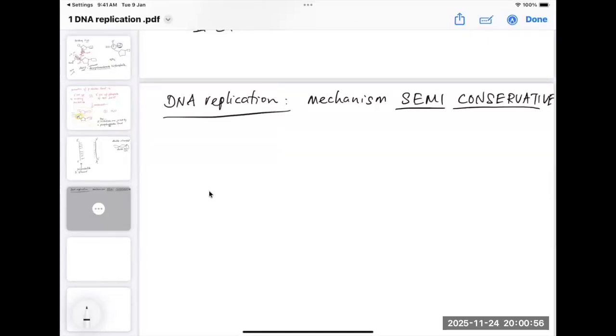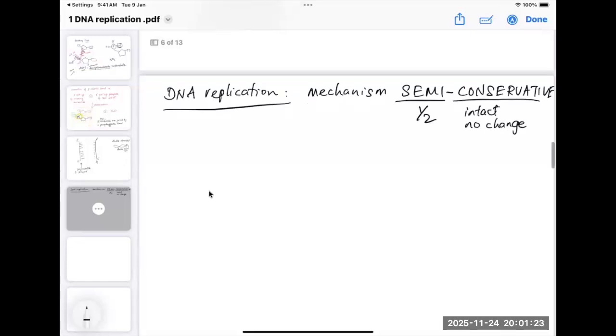Now, what's the meaning of semi? Half. Exactly. Conserve means intact, no change, right?